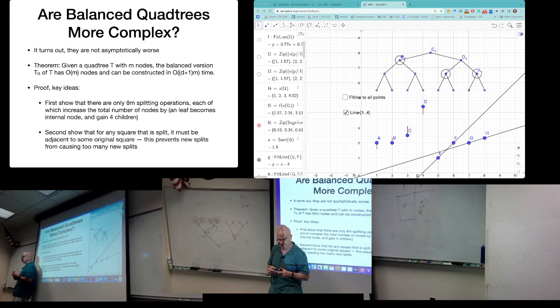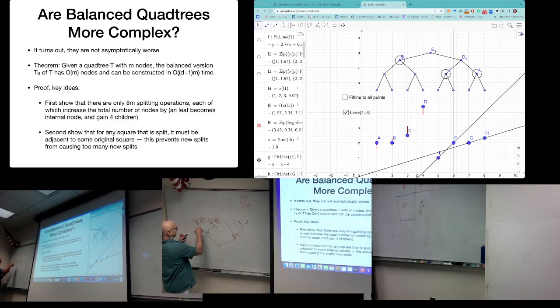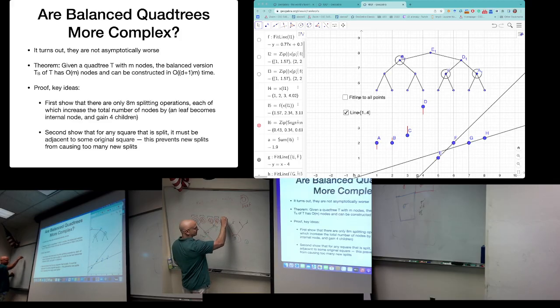Not hard. Each node here has a region associated with it. It's just a one-dimensional region. And this node has a region of everything over here, just because of the location in the quadtree.